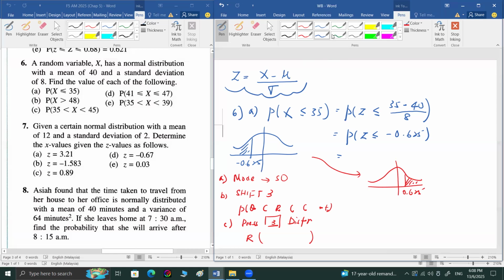Sorry, this is MS1, I'm sorry, this one is MS. For you that are using EX, I will do some revision again. You go to the menu of 7. Write down according to your calculator: you go 7 to find the distribution, then you go number 2, where you choose normal CD.